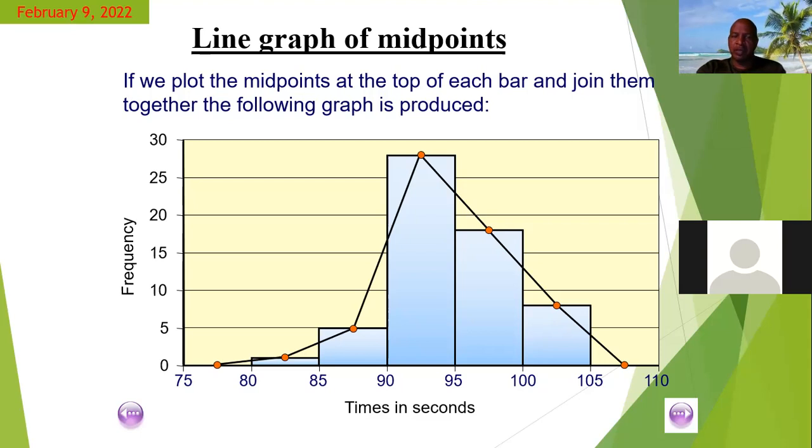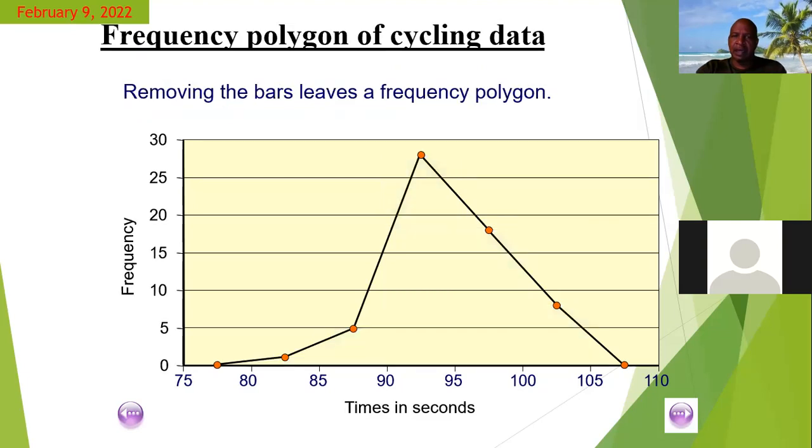Now we can remove the rectangles, and then what remains is just a frequency polygon. All right, so that's how the polygon would look. So in essence, the polygon is really kind of a curve, so to speak. And so they also call it a frequency curve.